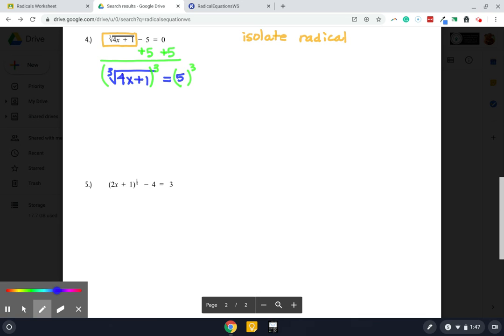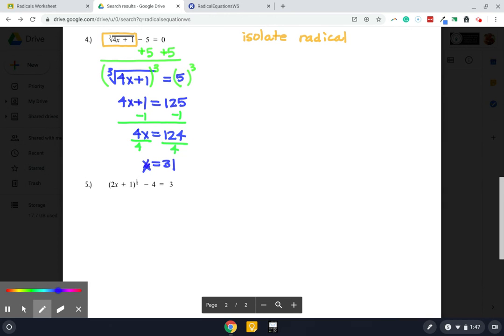We're going to subtract 1. 4x equals 124. This one's kind of a long one, but it's a good one. Divide both sides by 4. And x equals 31. Oops, there we go. X equals 31.